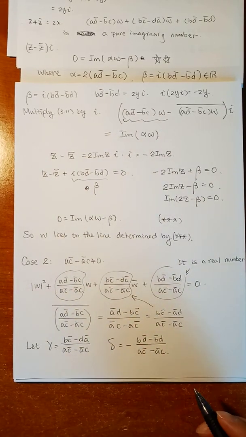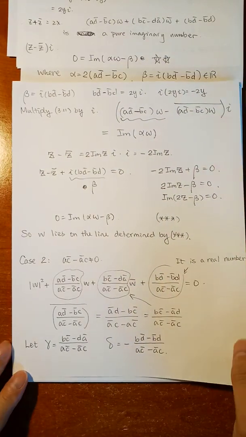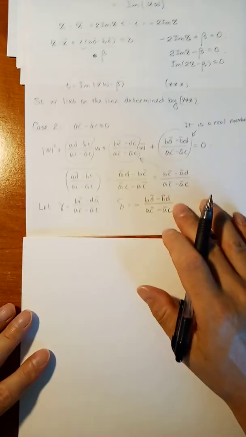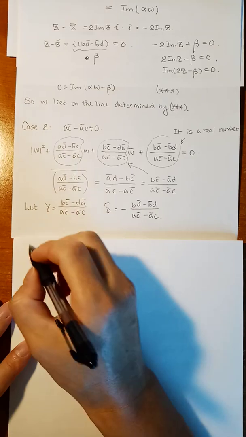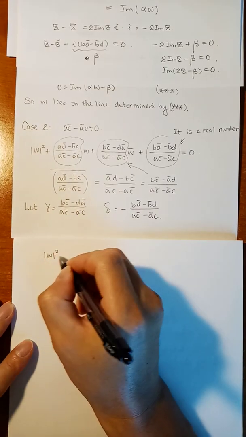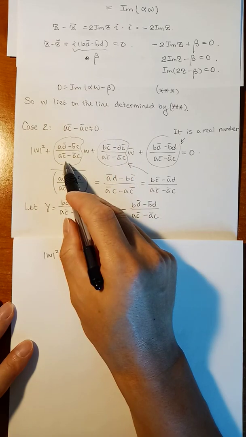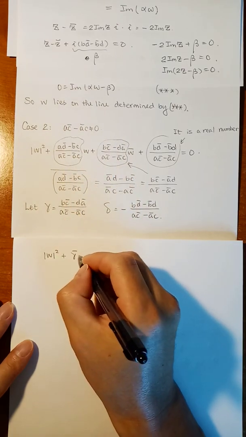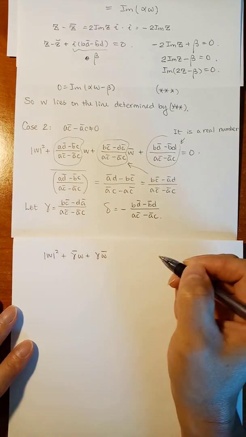This is negative because you move it to the right. I want a plus delta, not a minus delta. Okay, so with this simplification, what we have in this lecture is just full of computation. So we'll get modulus W squared plus gamma bar W plus gamma W bar.